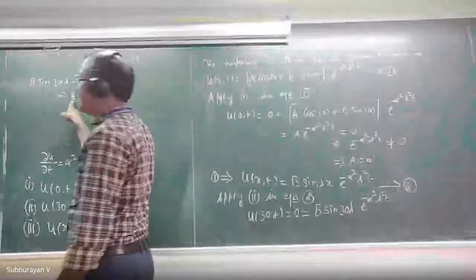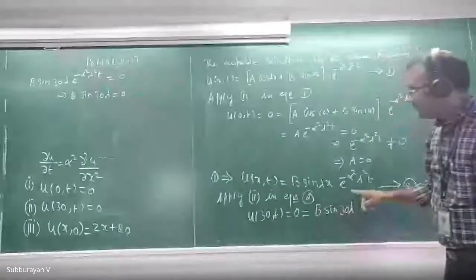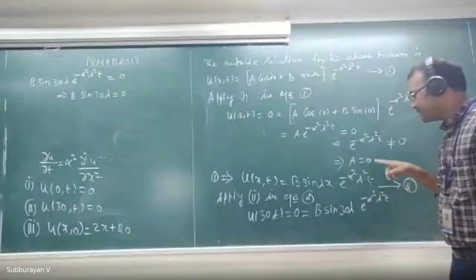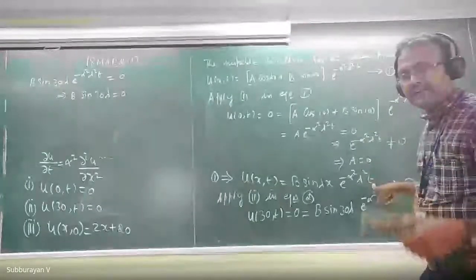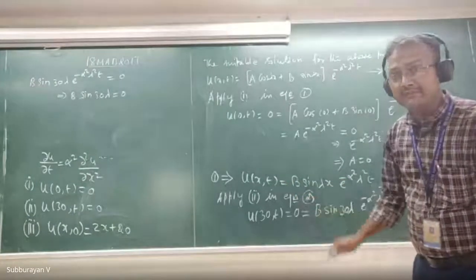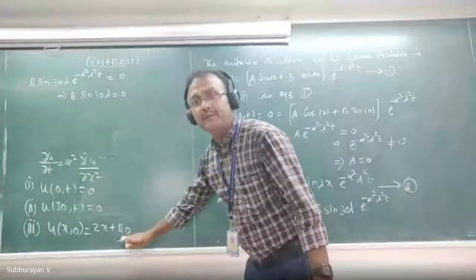See, if I assume b equal to 0, then 0 into sine lambda x into e power minus alpha square lambda square t equal to 0, for any x and for any t. That is, u of x comma t equal to 0. It is a zero function. But we have some non-zero condition at time t equal to 0.